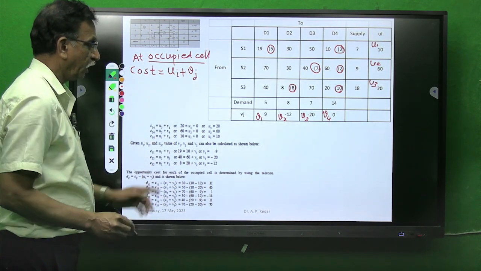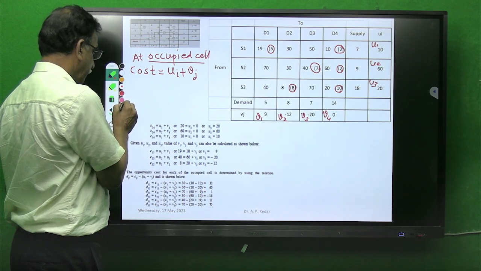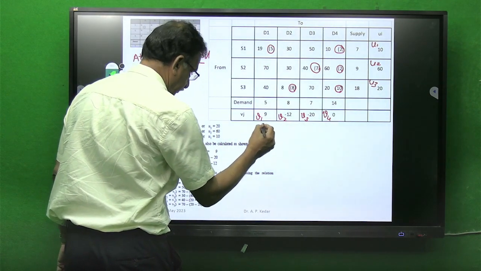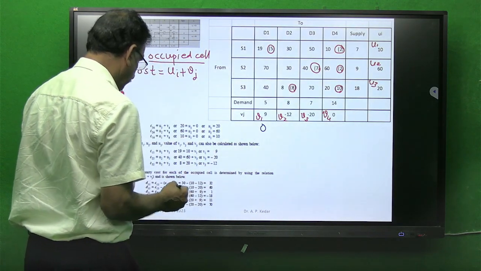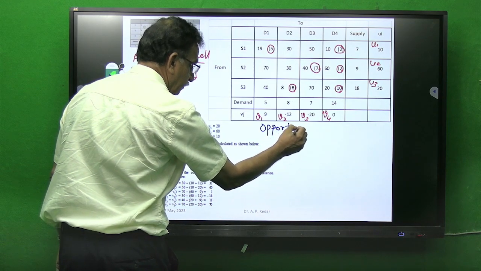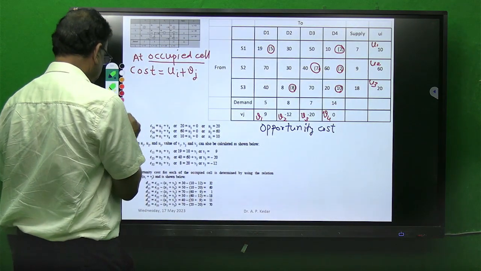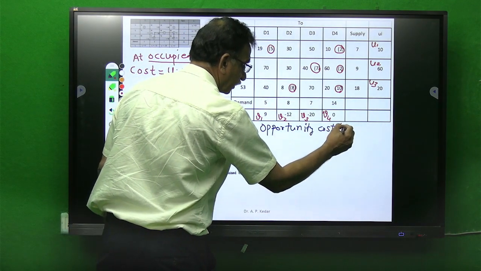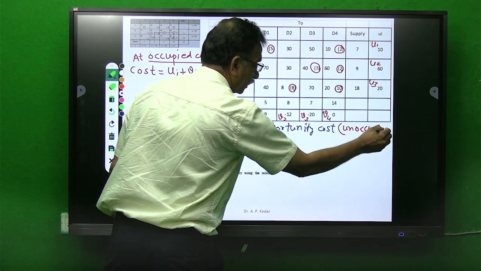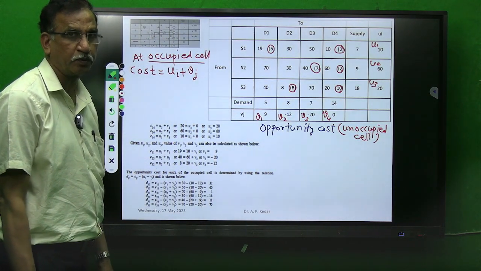Now, a very important step: we have to find the opportunity cost. I have already explained it is to be calculated for unoccupied cells.